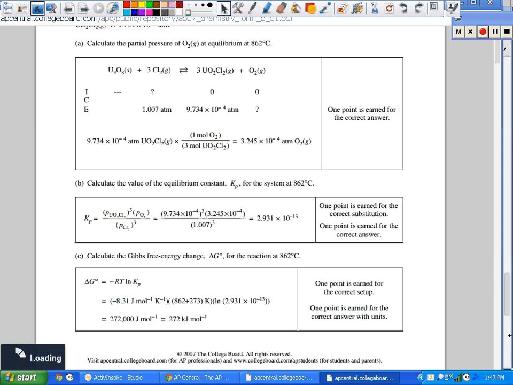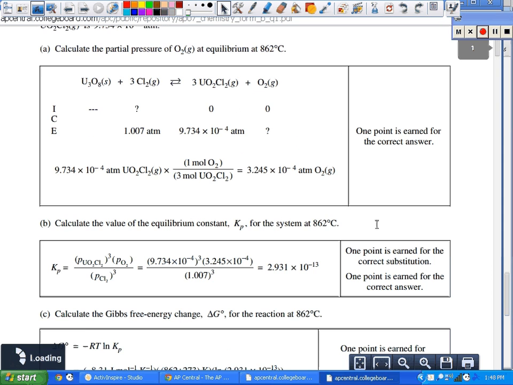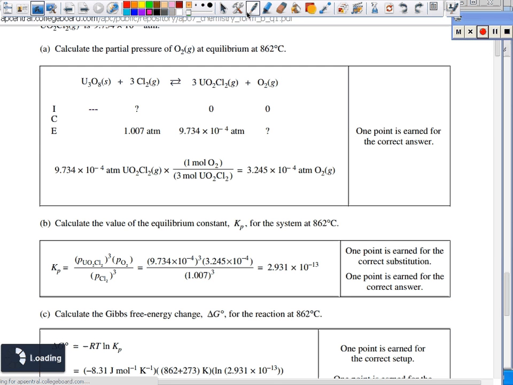Let's see if I can. So here's my question. They use this value, and they go to this one. Now, we all agree that it would be plus 3x, plus x, and this would be minus x, right?